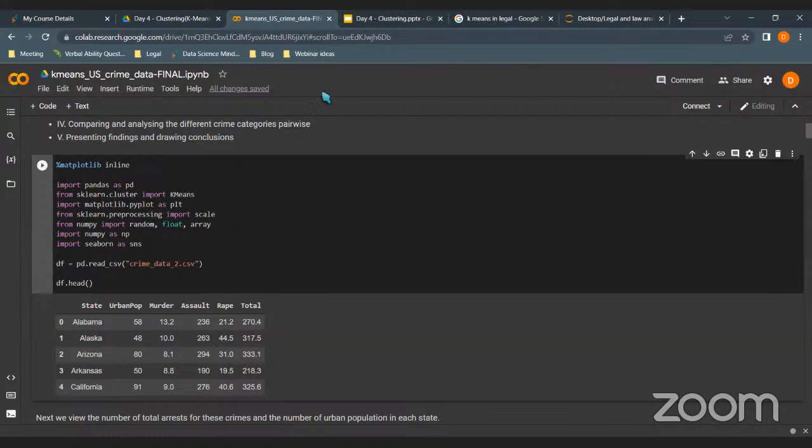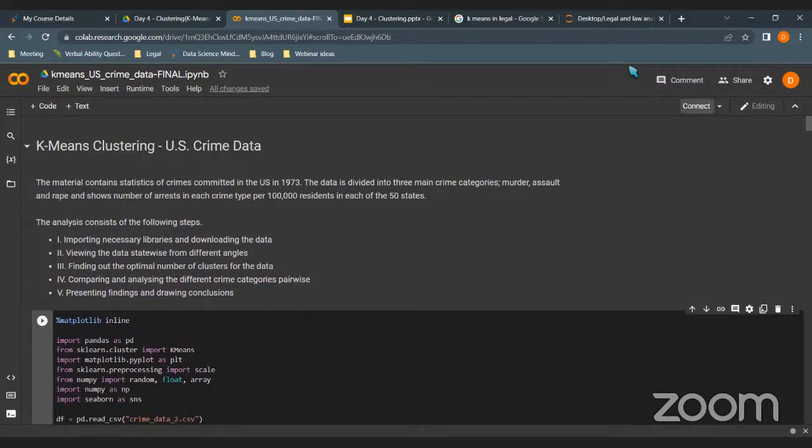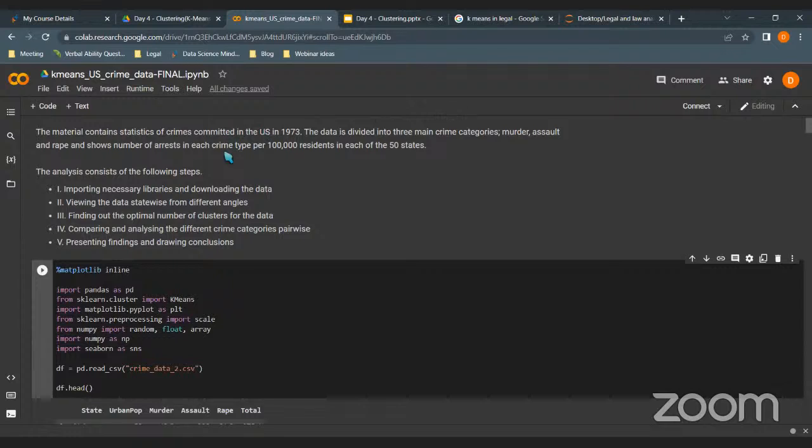We are seeing K-means on US crime data. Okay, so we are doing this on structured data. So we can see here we have crimes committed in the year 1973. This data is divided into a few parts like murder, assault, rape, and it shows the number of arrests for each crime per 10,000 residents, okay, in each of the 50 states.